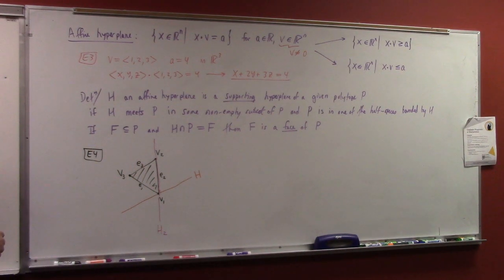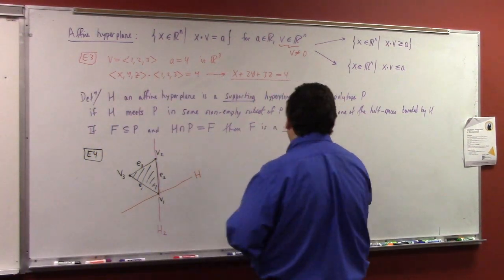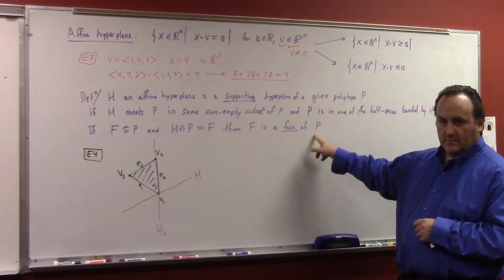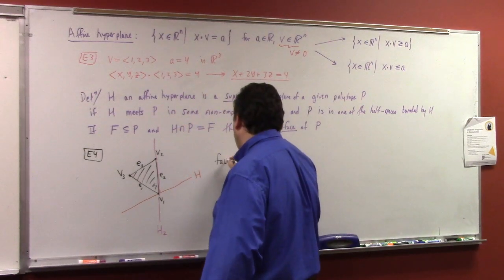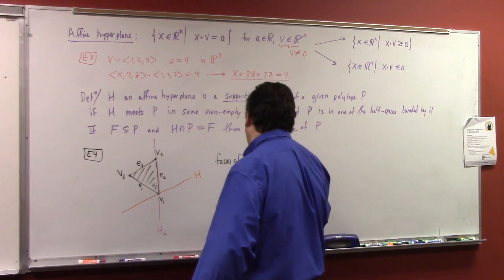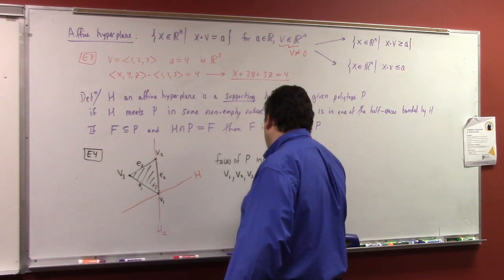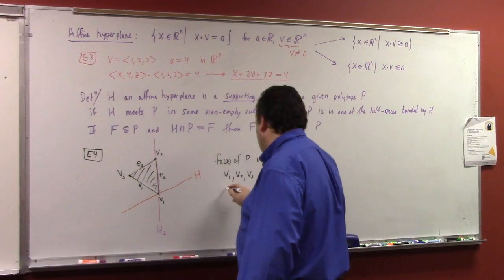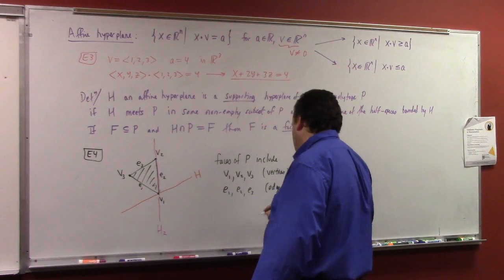So should we say with respect to H? It's a face of P. So the face is not with respect to the hyperplane, it's with respect to the polytope. Okay. So let me just list them. What are the faces? Faces of my example P include the vertices V1, V2, V3, E1, E2, E3, the edges, right?